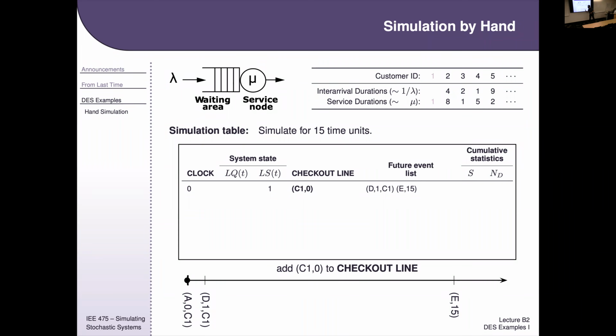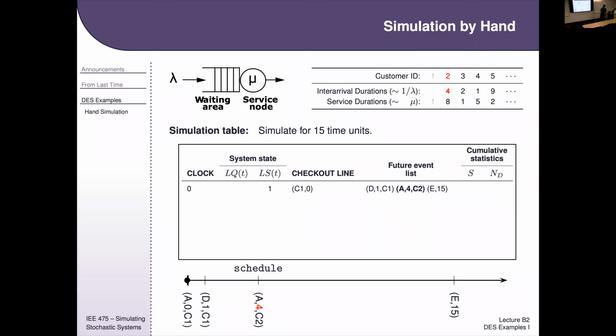So this down here, this is me just following the steps that I went over in the last 3 slides. Now, the other thing that we have to do is, because we just processed an arrival, we have to schedule the next arrival. I look up at my table up here, and I see that the next inter-arrival time, in other words, the time between customer 1 and 2, is 4.